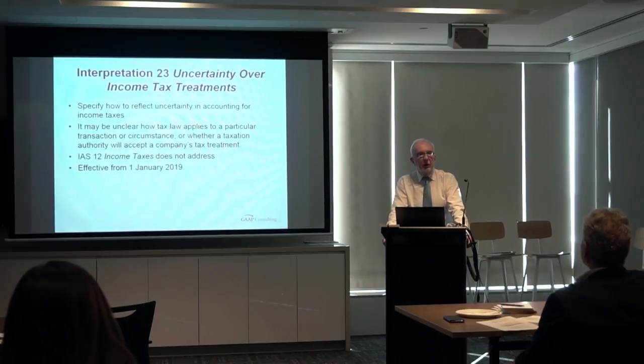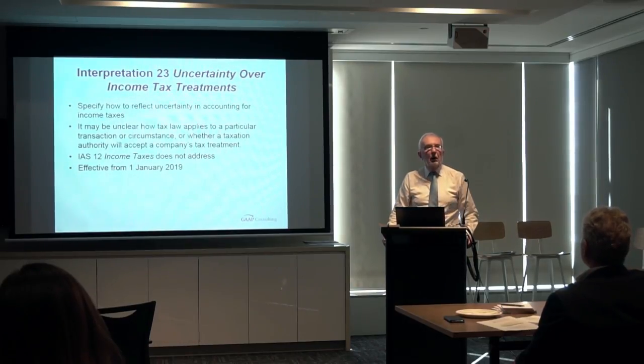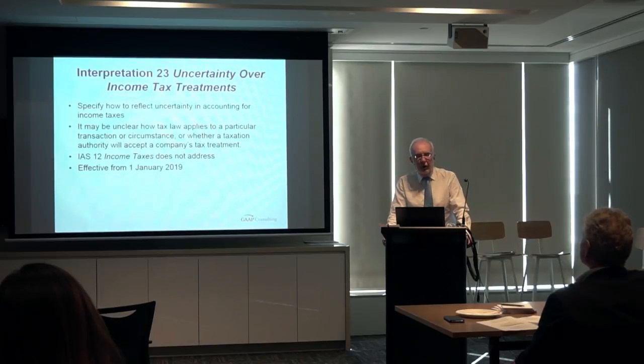And so that particular tax treatment can create some uncertainty as to whether or not the correct income tax expense, deferred tax asset, and deferred tax liability are appropriately stated in accordance with accounting standards. Because AASB 112 Income Taxes doesn't really address uncertainty over income tax treatments.